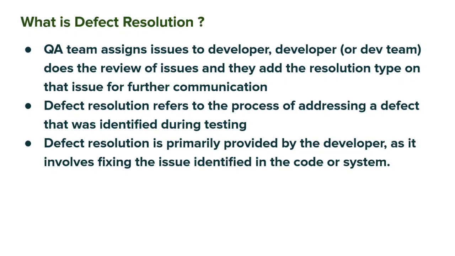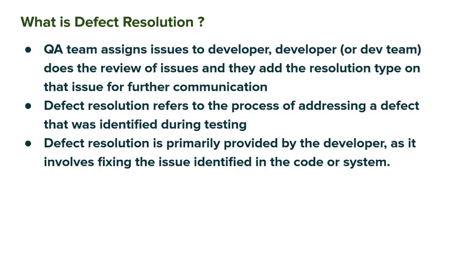The development team conducts some kind of a meeting sometimes, or even works at an individual level. They will review the issue and add some resolution type on that issue for further communication. So let's understand it.